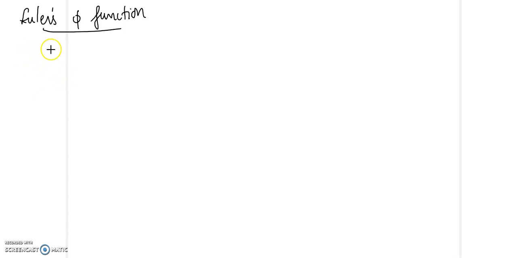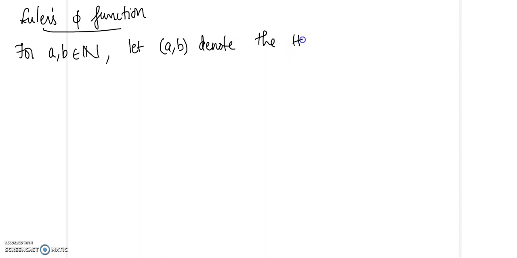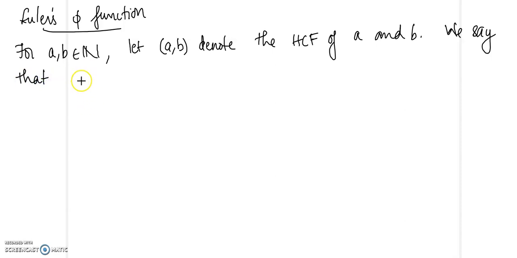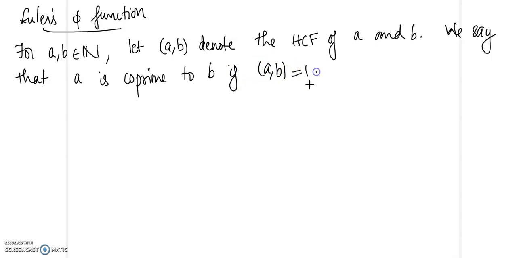Now let A and B be any two natural numbers. Let us denote the HCF of A and B, and we say that A is co-prime to B if HCF of A and B is equal to 1.